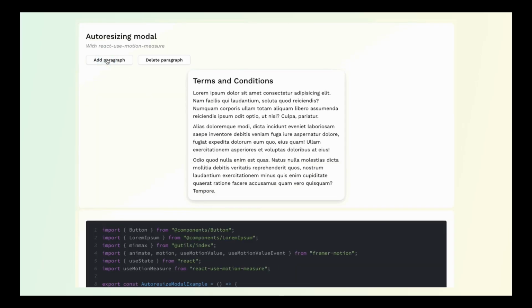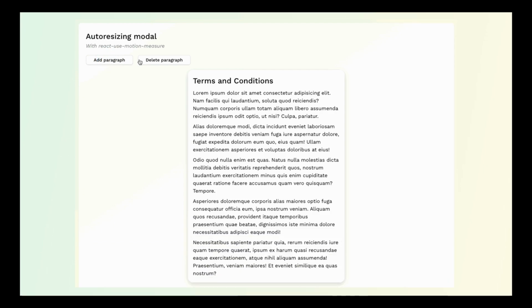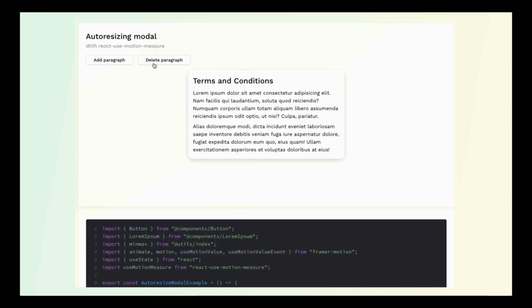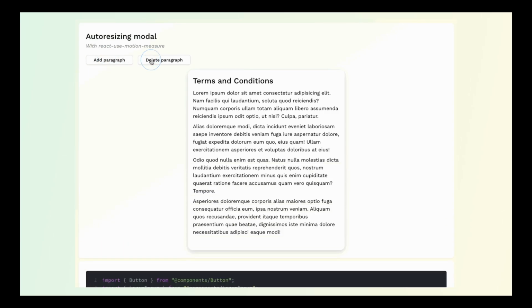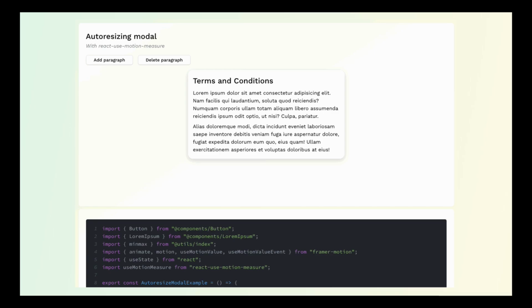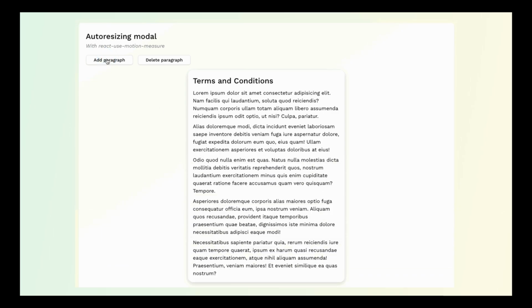Another example is this auto-resizable panel, which automatically changes its size to accommodate its content. You might think that it's also a layout animation, but no. In this case, it's a bit different. It uses motion values, and it's composed of two elements.